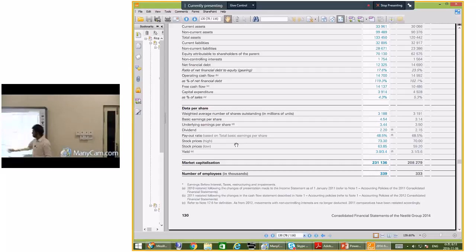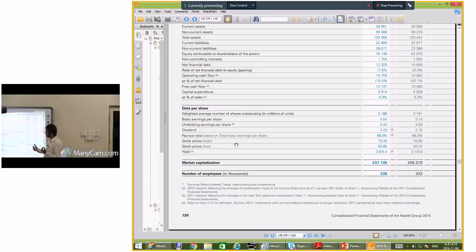Then stock prices: what is the highest price during the year? 73. The lower price is 63 in the year 2015. If we move to 2014 and 2013, the values are 70 and 59.